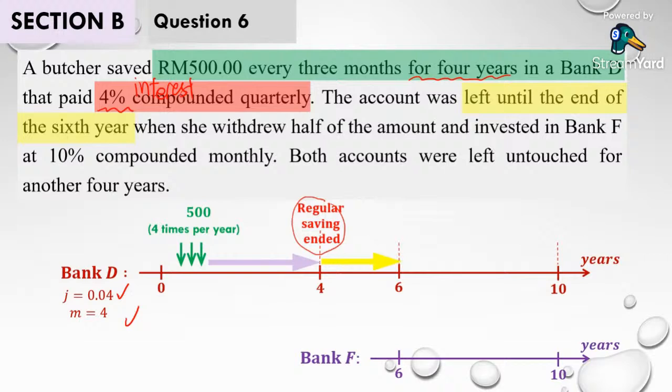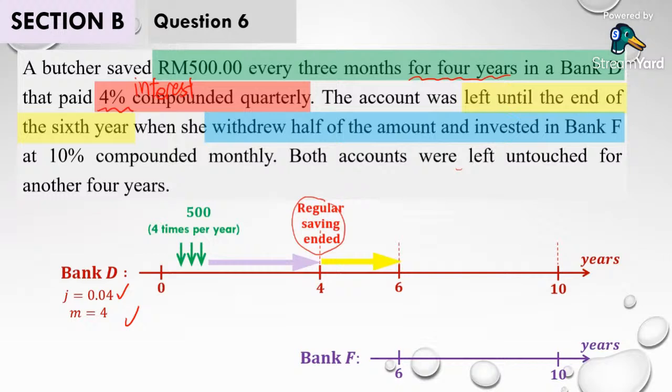We don't touch it in this duration of the yellow arrow here. For these 2 years, we don't touch it at all. We don't withdraw or insert extra money, we just leave it inside the account to grow interest. Then further, continue the next part of the story. She withdraws half of the amount and invests it in Bank F.